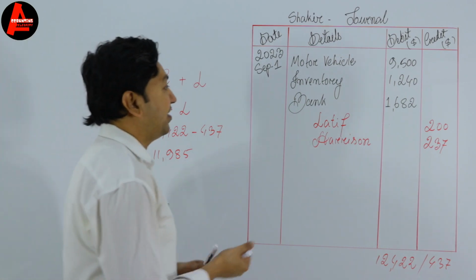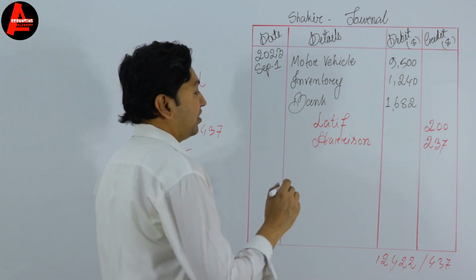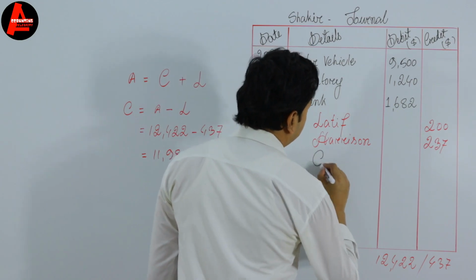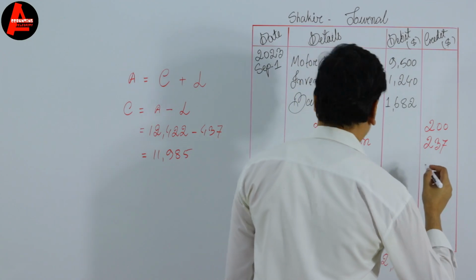So now we will record this amount as capital. Capital is always a credit account, a normal credit account. So let us write here capital. Here we calculated 11,985.